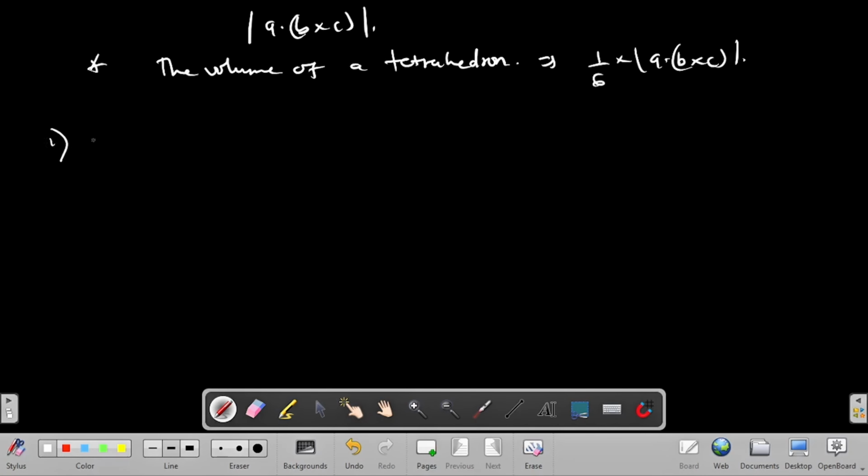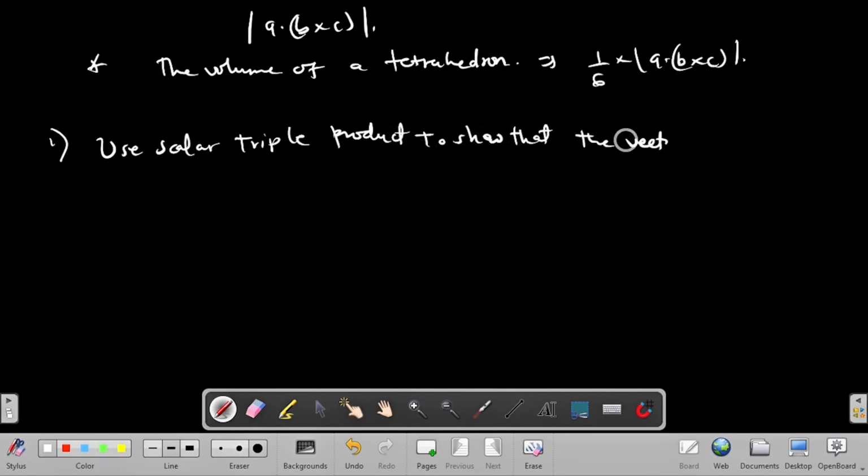The example says: use scalar triple products to show that the vectors A is 1, 4, -7, B is equal to 2, -1, 4, then C is equal to 0, -9, 18 are coplanar.